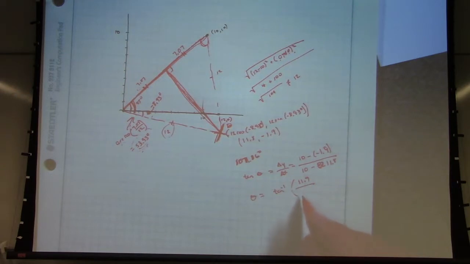So that's 11.9 over a negative 1.8. So the arctangent of 11.9 divided by negative 1.8, and I get a negative 81.4 degrees.